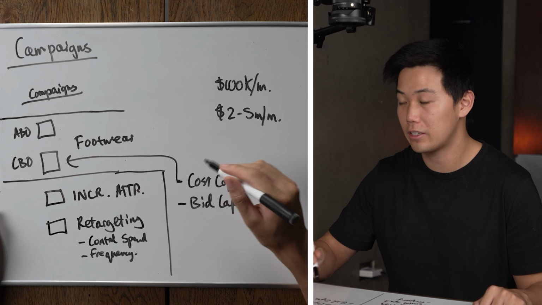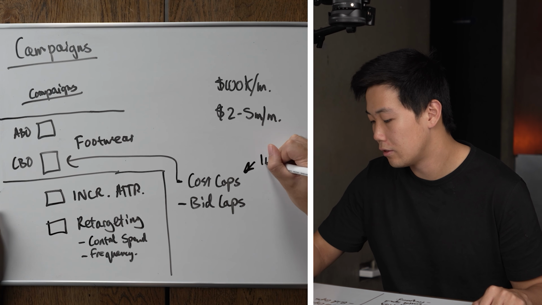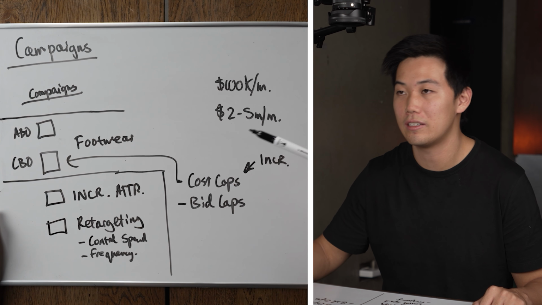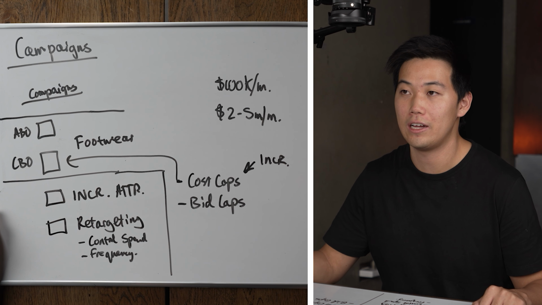However, the thing to make sure of in these situations is that your cost caps are actually incremental. And I don't mean incremental attribution as a campaign setting. What I mean is that your cost caps should actually be driving a net new customer that you can see in Shopify that came from your cost cap, and it should be driving these at a profitable MER. The other thing to note is that it can't be cannibalizing off your existing highest volume or highest value campaigns.